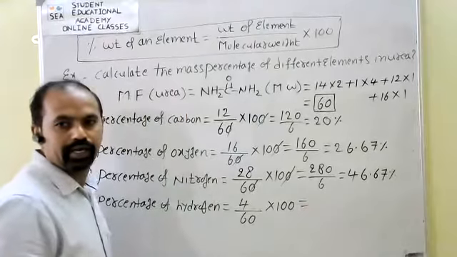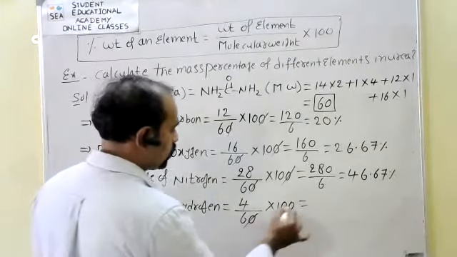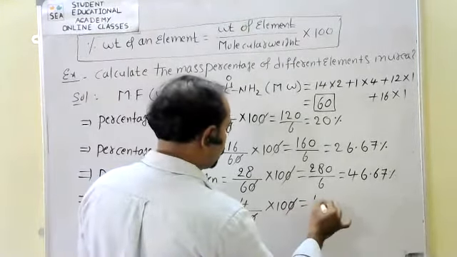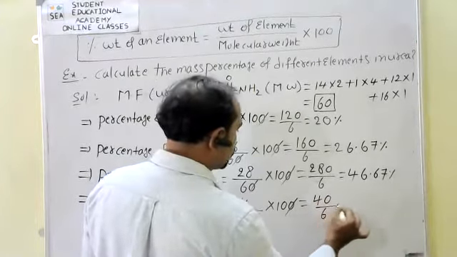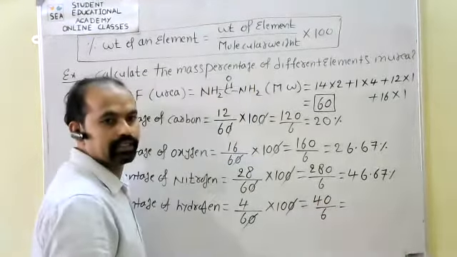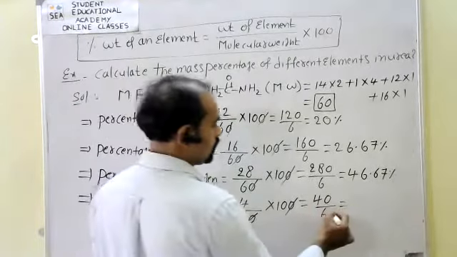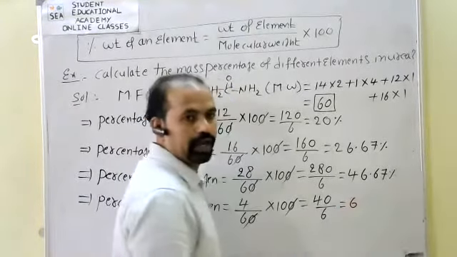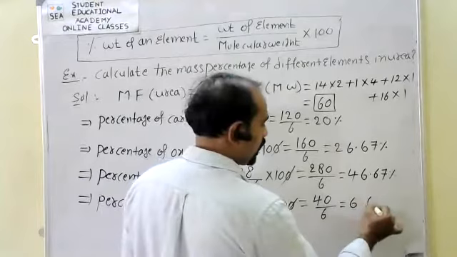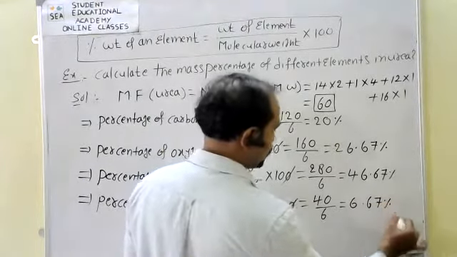The zeros get cancelled. It is nothing but 40 by 6, which is 6.67%.